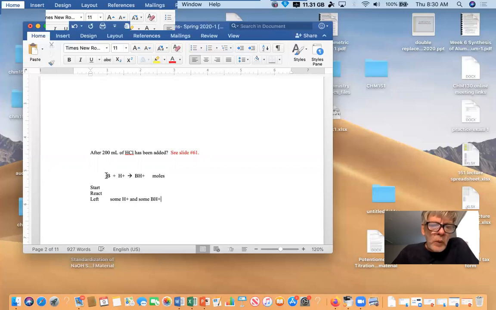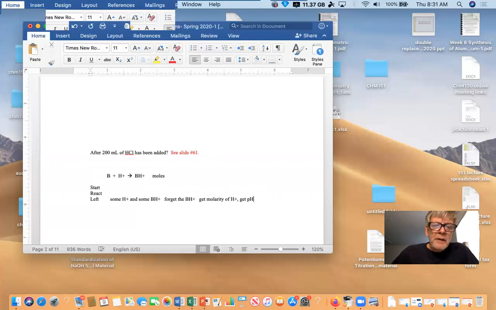And because this is a weak base, this is a weak acid. So forget the BH plus, because a weak acid isn't really going to do much of anything compared to the strong acid. So what we do is we just get molarity of H plus, and I get pH.